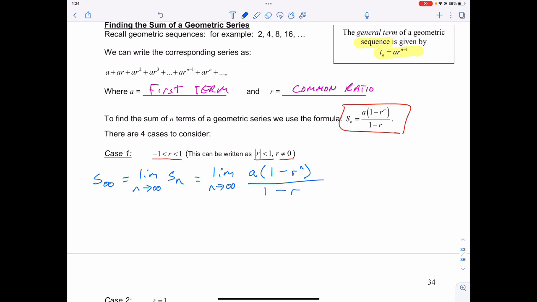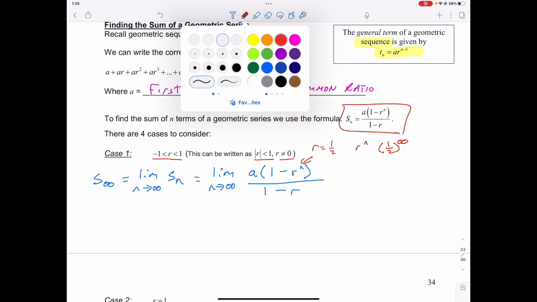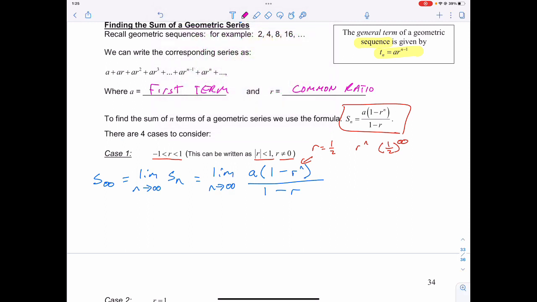Now remember, when we're doing this, we have to pick a value for r that is between -1 and +1, which means that we could say that r could equal 1/2, and then r to the n would be 1/2 to the power of infinity, which is going to, as we did in the previous lesson, tend towards 0.